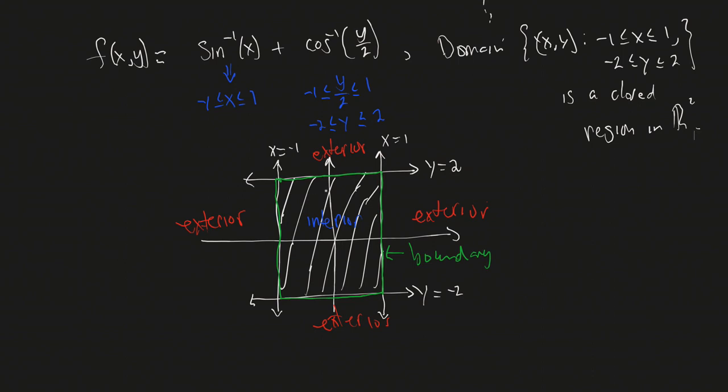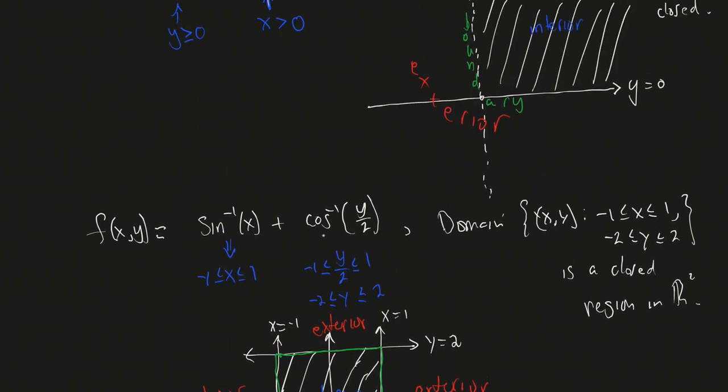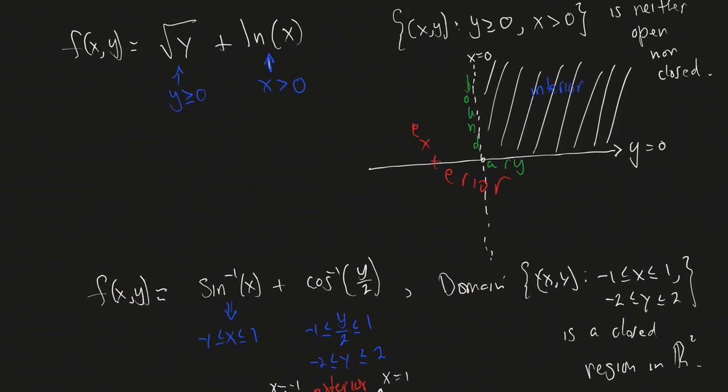properties. Now take a look at this domain versus this domain. If you notice, in this domain, there is no restriction on how big your y or your x can be. So you can go as far to the right or north as long as you stay in the first quadrant. You're good to go.